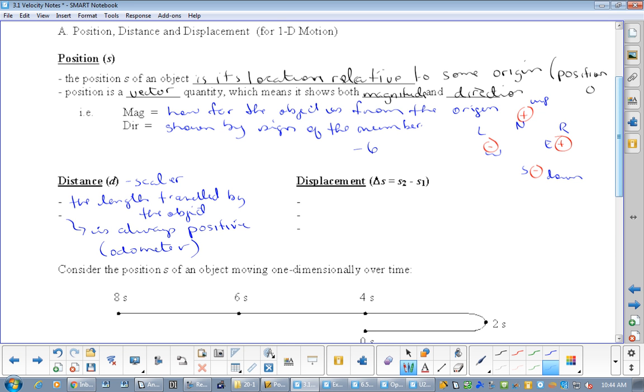Now, what would my displacement be if I went from here to Calgary and back? 0, because I haven't changed. I started here, went there and came right back. So displacement is always delta S. Now remember, this is a vector quantity, and it is the change in position during the time period.